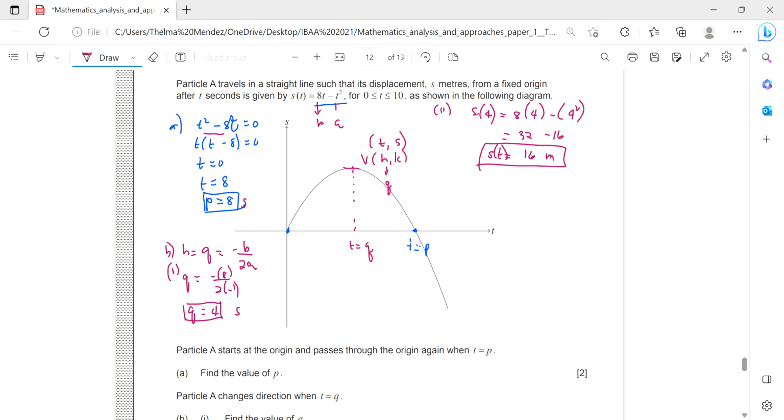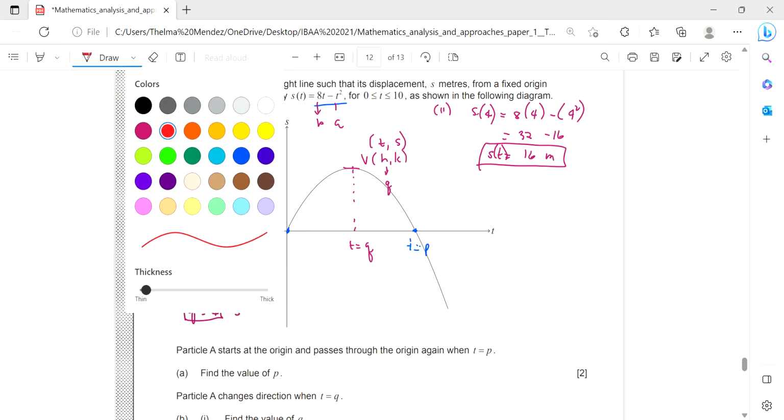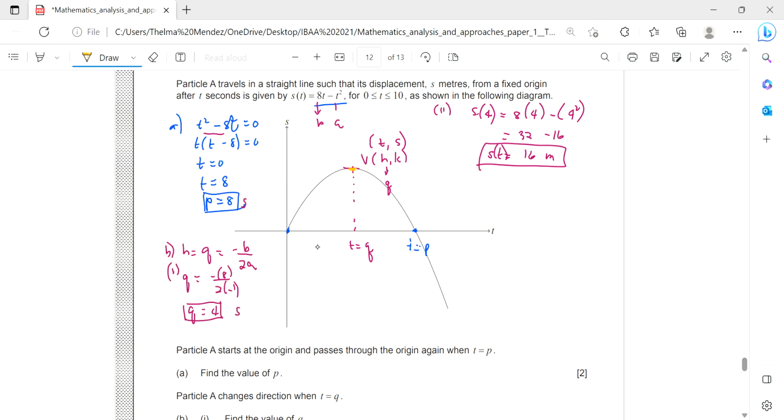So that's one way. Another way is by using the derivative. So we know that it changes direction when v equals 0. So we get the first derivative of s with respect to t. That will be equal to your v. Where is our function? So derivative of 8t minus t squared is 8 minus 2t.